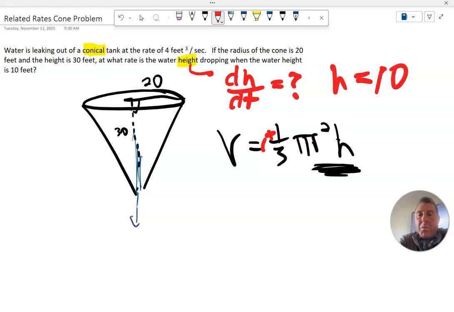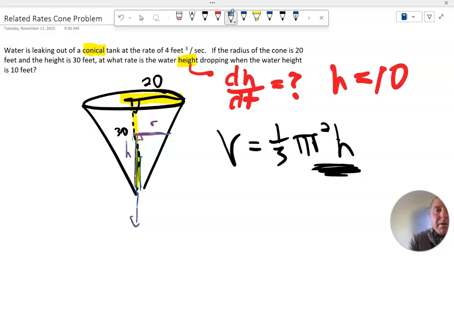Okay? What I therefore am going to encourage you to consider is this. Although there are no constants in this problem, there is a constant ratio relative to the radius and height of the original cone, 20 to 30, and the height of the water at any moment.